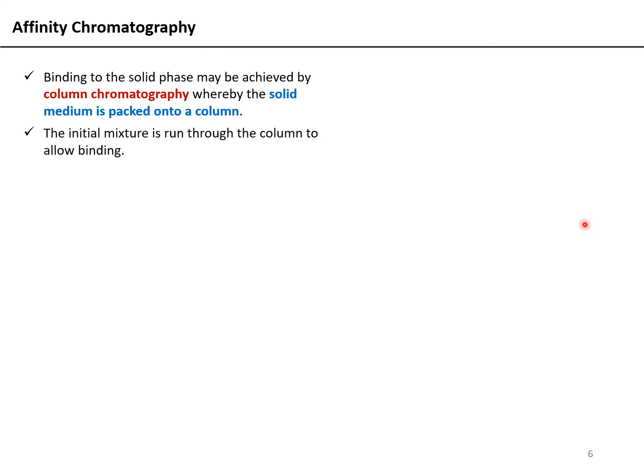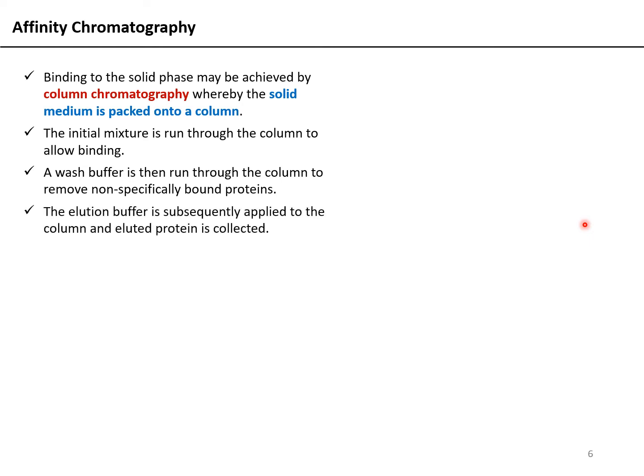So the initial mixture will first be run through the column to allow binding of your protein of interest expressing the affinity tag to the beads. A wash buffer is then run through the column to remove any non-specifically bound proteins. The elution buffer is subsequently applied to the column and the eluted protein is collected.